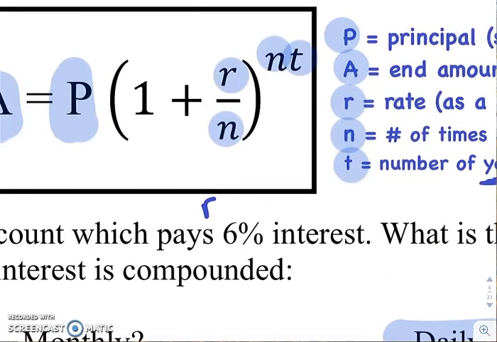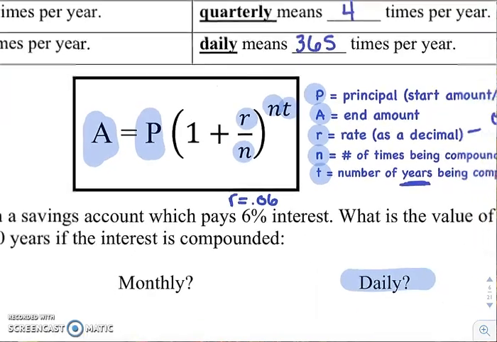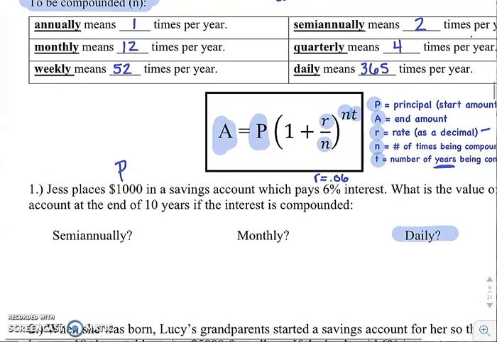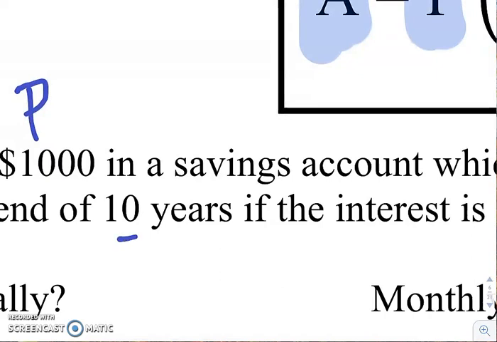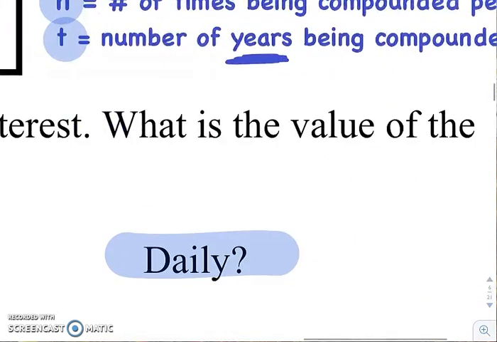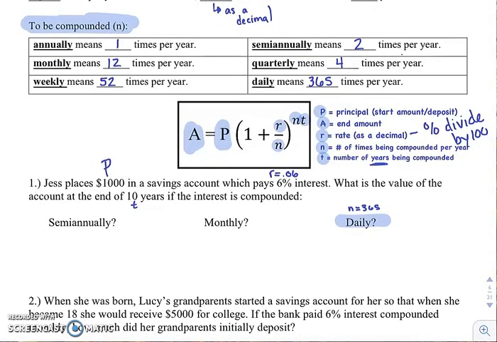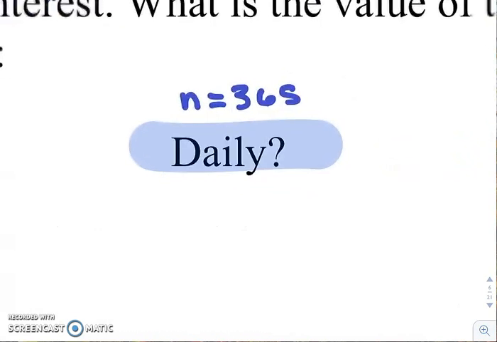6% is the rate, and that's going to be 0.06 as a decimal. And then it says at the end of 10 years. So 10 is her time, and if I'm doing daily with you, N is going to be 365 times. So we have our P, our A, no, we're trying to find the A. We have our P, our R, our N, and our T. So we're literally going to just plug it in to the value.